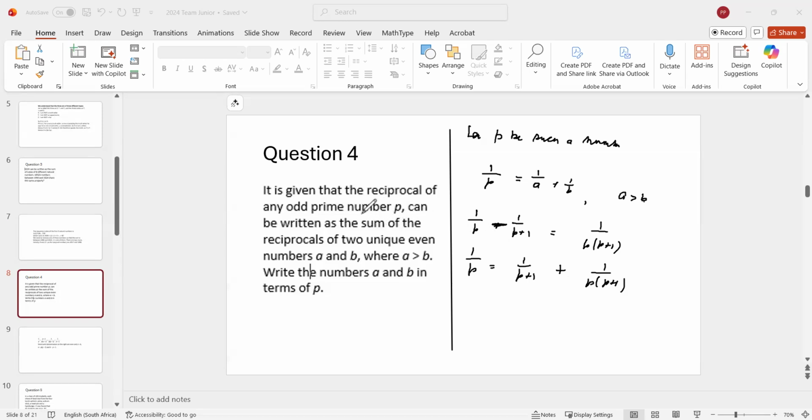You have that the reciprocal of the odd number, P is odd, is the sum of reciprocals of two unique even numbers A and B. Well, if P is odd, then P plus 1 is certainly even. And this is the next one, P plus 1 is an even number at the bottom.